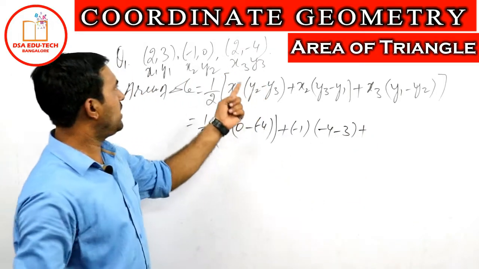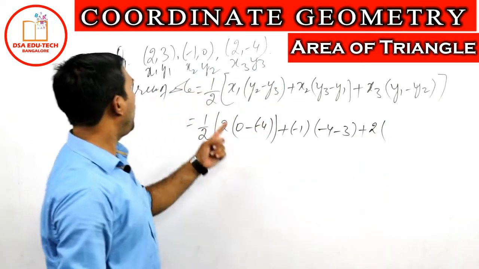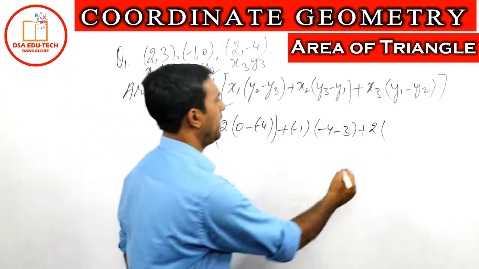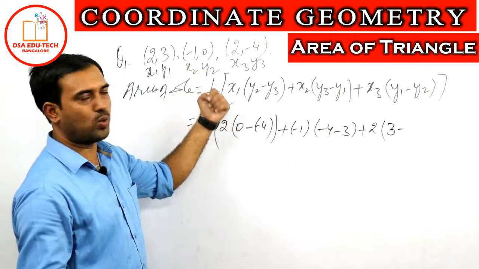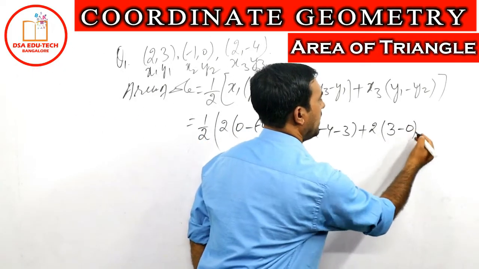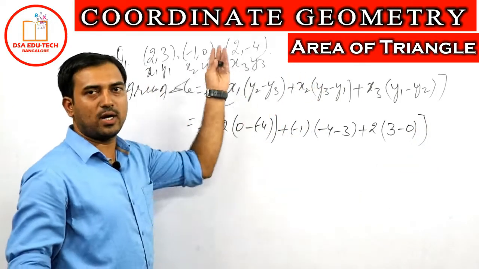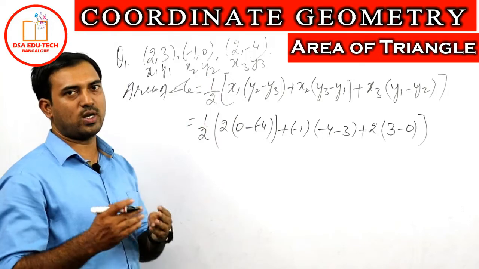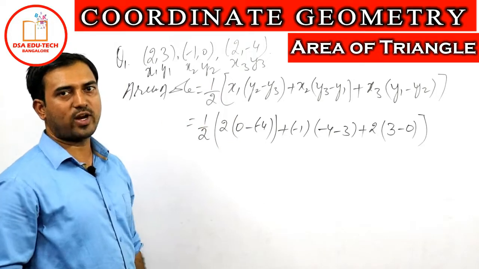Plus x3 is 2, into y1 is 3, minus y2 which is 0. So what I did is I just substituted these numbers x1, y1, x2, y2 and x3, y3 into my area of triangle formula.